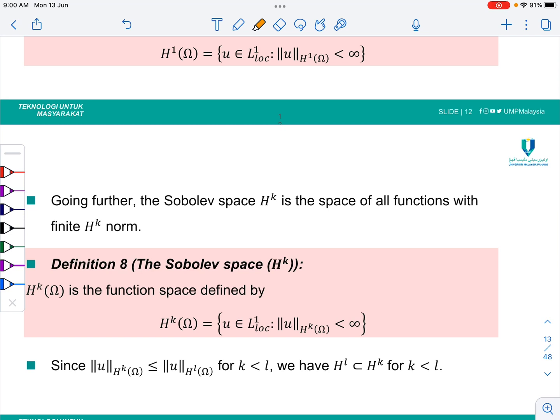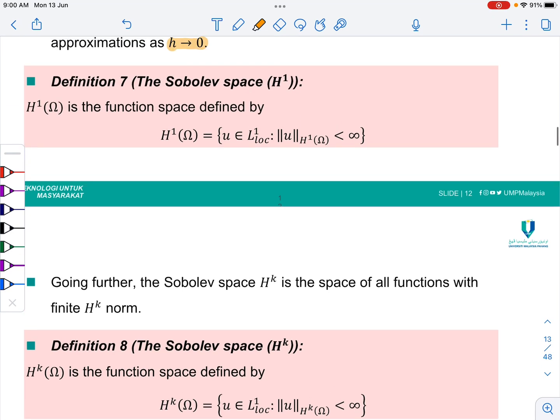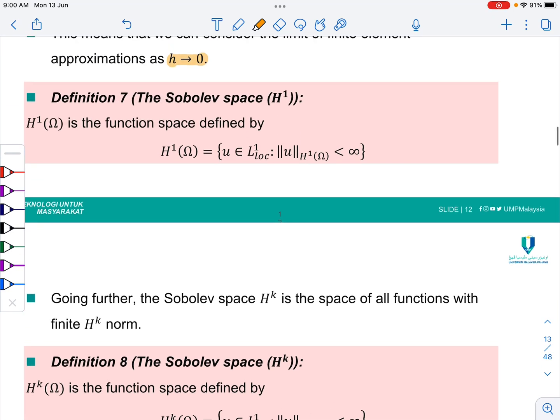Let's talk about norms H1, H2, H3, and so on. Now, we can continue to define spaces of functions. The H1 space is the space of functions whose H1 norm is a finite number. So the H1 norm is well defined.